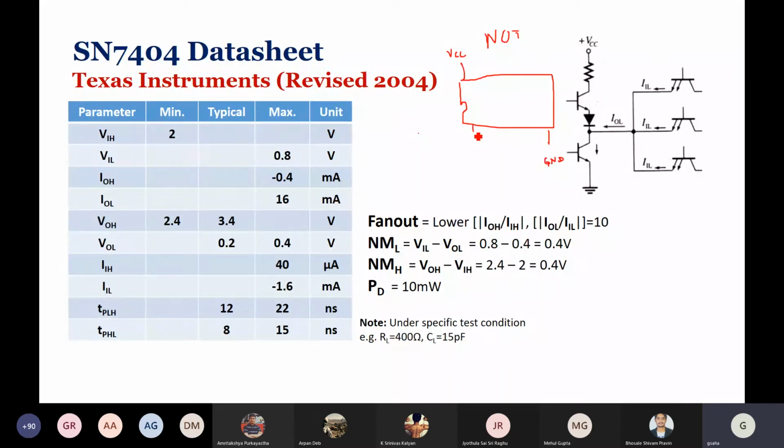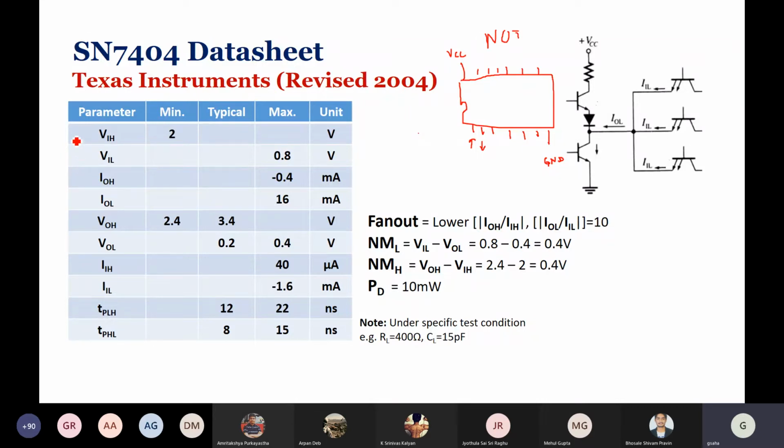Then you have pins 1, 2, 3, 4, 5, 6. This is input, this is output. So six such NOT gates are there, hex you may say. Similarly, this side you have got more. For this IC, if you look at the data sheet, the one that I have taken by visiting the TI manual.